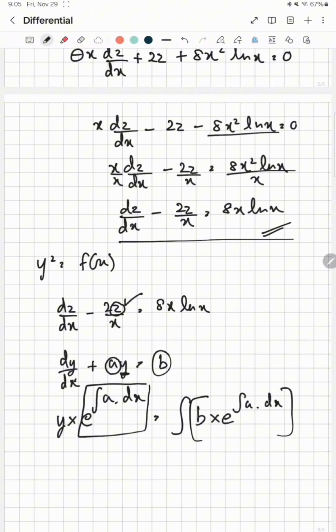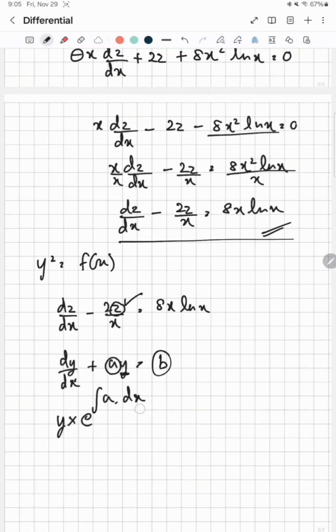That's how we do it. It might look complicated, but it's easy to understand. In this case, our coefficient is minus 2 over x.